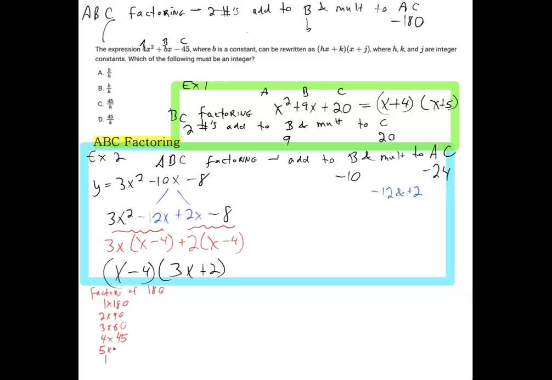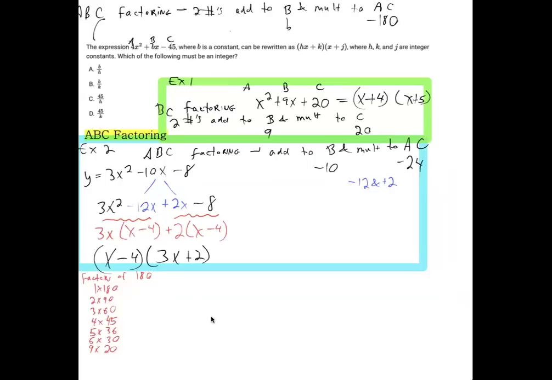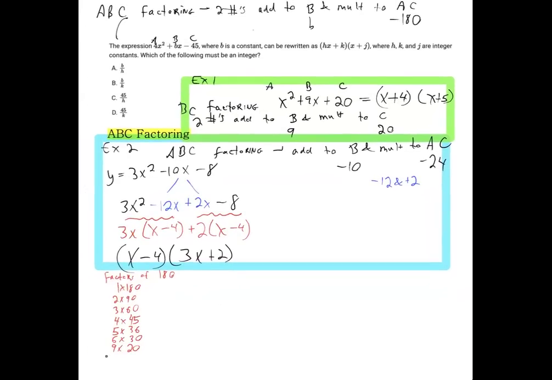I believe that's 5 times 36. Six, 9, and it also divides by 10. And not to mention 12. So 180 has a ton of factors.